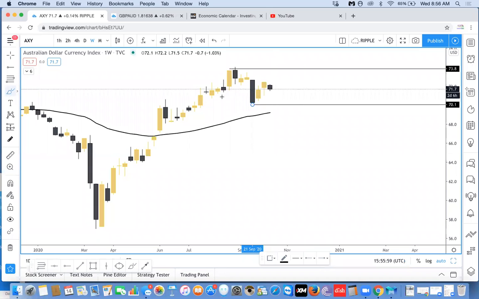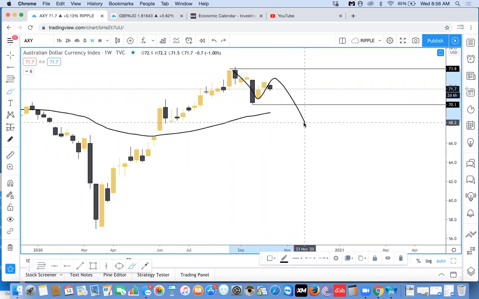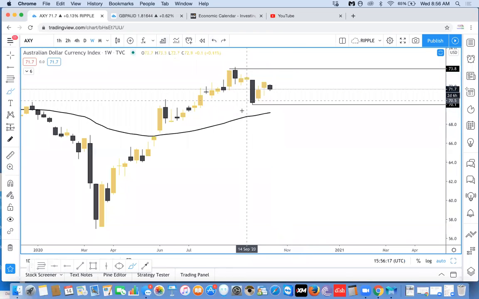So this is either going to move like this, move to the upside, retrace, and then push to the upside like that, or it's going to be like this, a drop, continuation to the downside like that. One of those two scenarios, you just need to wait for the overall price to show you, because where we're at right now, it looks more so bullish, but we did come to this high where the candlesticks started to get smaller. So I would just wait for a little bit more confirmation.